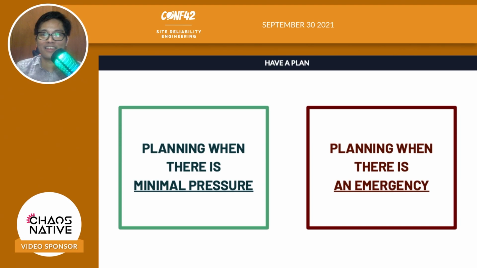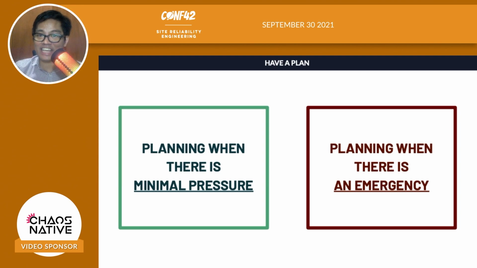This one may not be so obvious, but it's critical to have a plan. But the timing is critical. It's important that we plan when there is minimal pressure. Some of us will tell everyone and just assume this is the truth, that sometimes we do a better job when there's pressure.